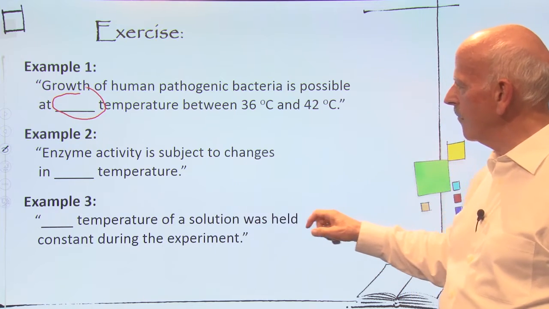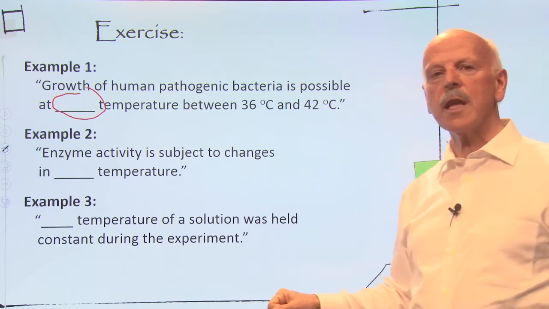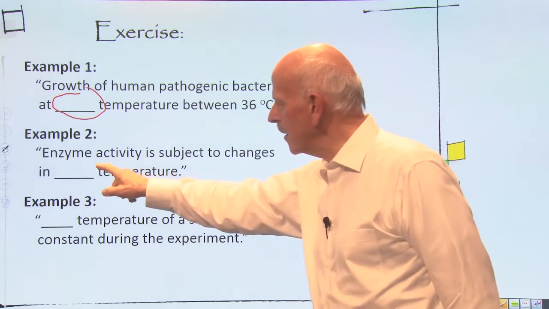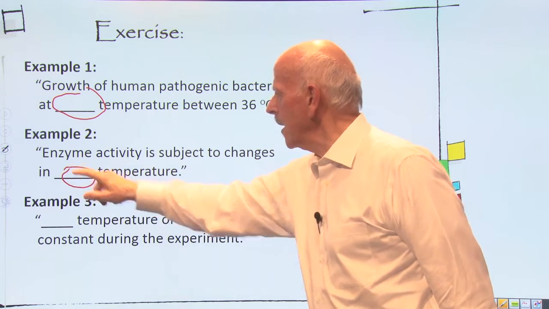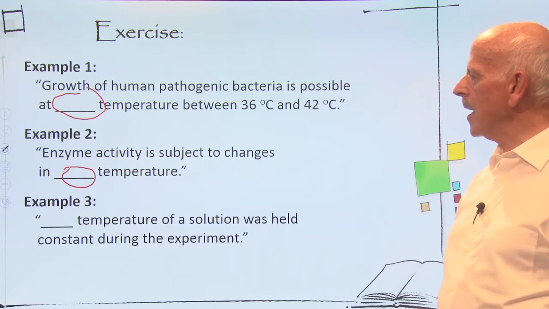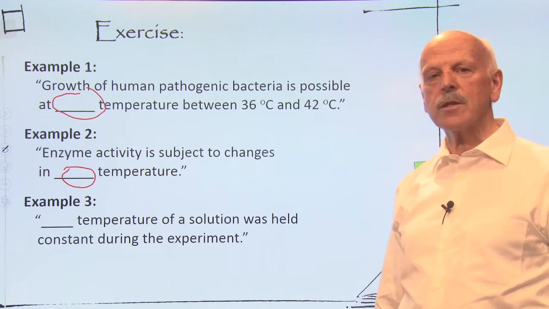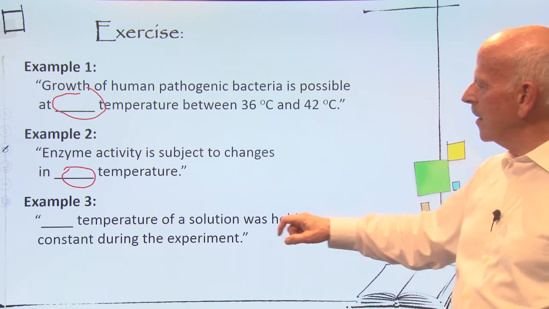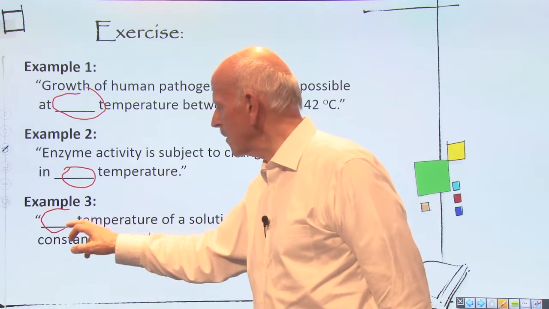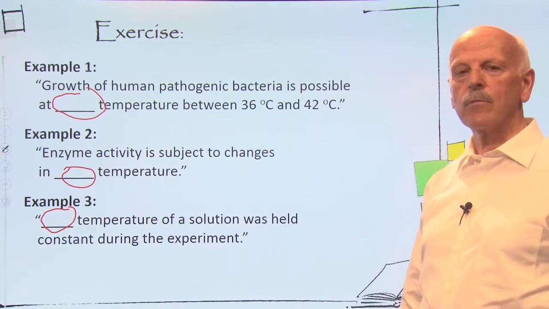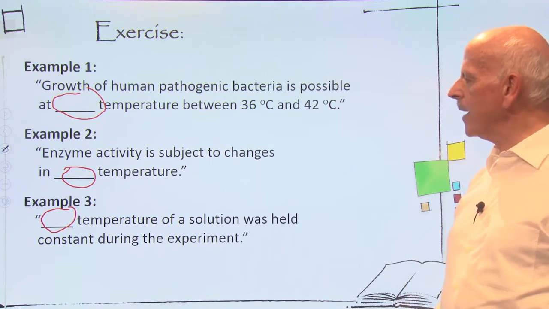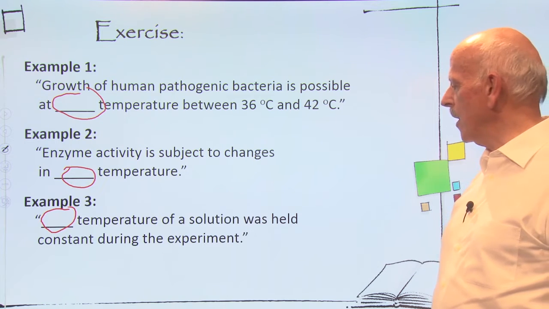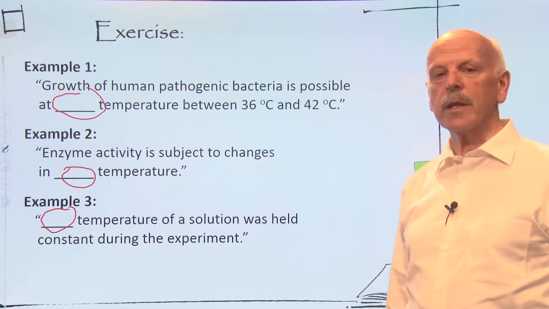Enzyme activity is subject to changes in blank. Do we put something in here? And lastly, we're going to start the sentence with a blank and decide what to put in there. So, blank temperature of a solution was held constant during the experiment.